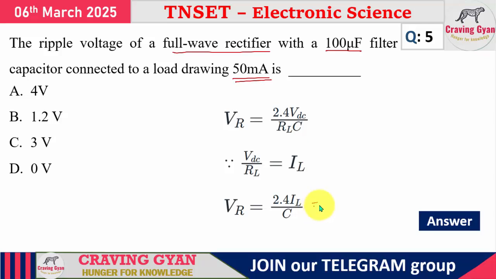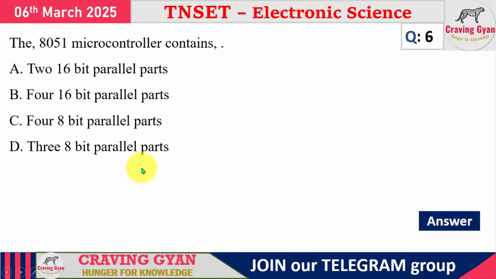So, on substituting, what is the value of IL they have given? The value of IL will be 50 milliampere and the capacitance they have given is 100 microfarad. So, what is the value of VR you are going to get? The value of VR will be equal to 1.2 volts. Direct substitution gives the answer.